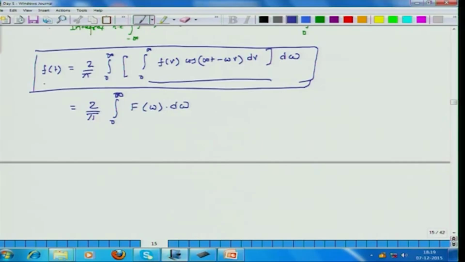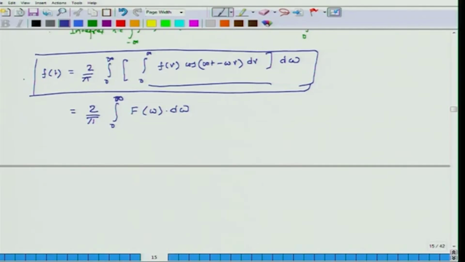So in the last class we had developed this relation for f of t. f of t is a time series function, which does not have to have a finite time period, and that can be expressed in this somewhat longish format, where it is equal to 2 over pi, integral 0 to infinity, of the integral of f of v cosine of omega t minus omega v dv times d omega.